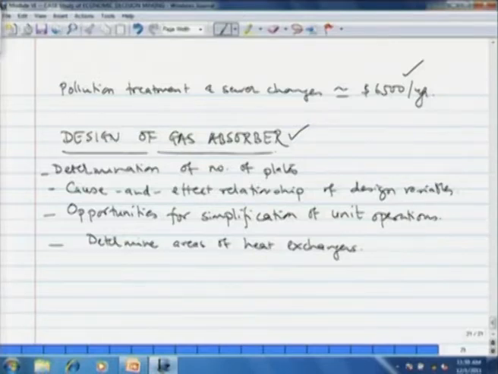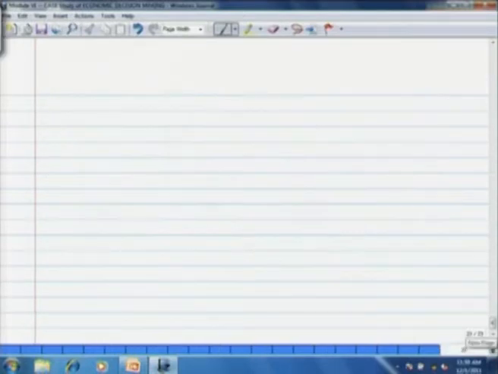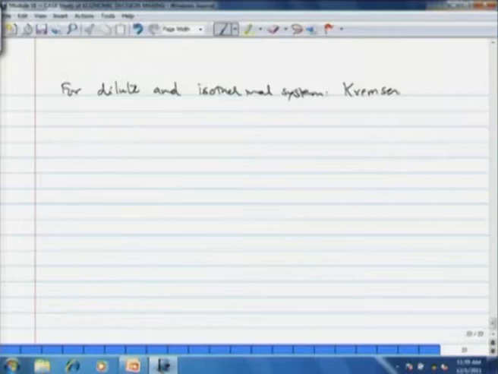Okay. Now, for a dilute and isothermal system, we can make use of Kremser's equation to determine the number of plates of a distillation column, okay, number of theoretical plates.